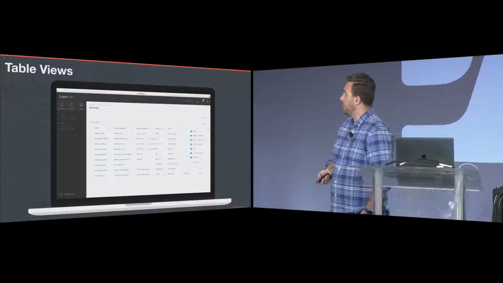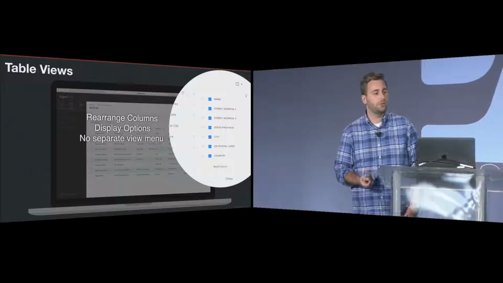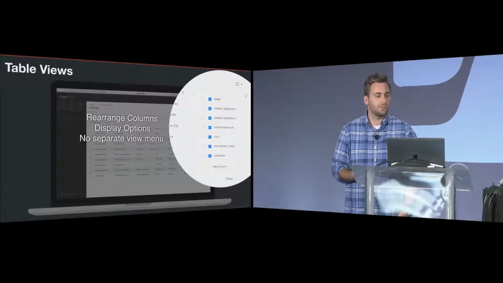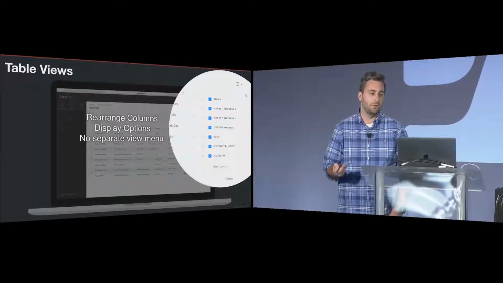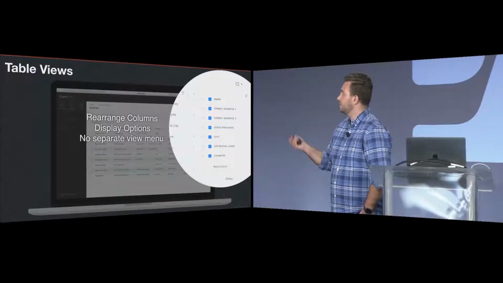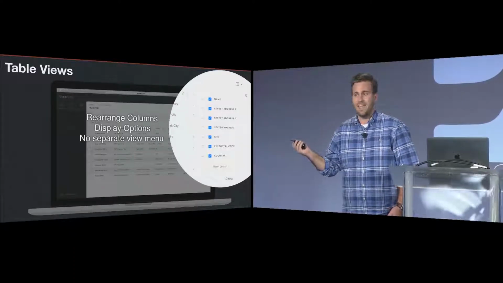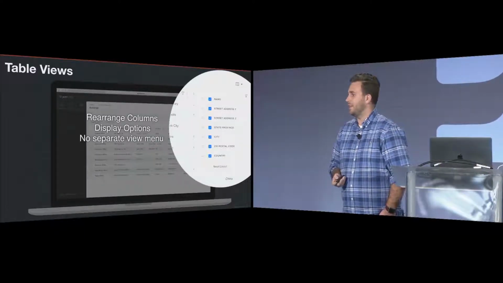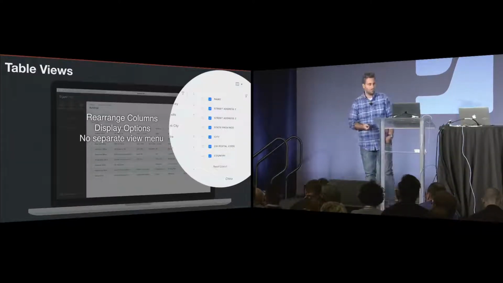Specifically, this little button here in the upper right, which will allow you to easily rearrange your columns, modify your display options without having to go to any sort of separate menu whatsoever. So again, this is now in the buildings area where we kind of do a little bit of our test bed stuff. And it's also going to be in the patch notifications as well. And we're working on adding this to more.